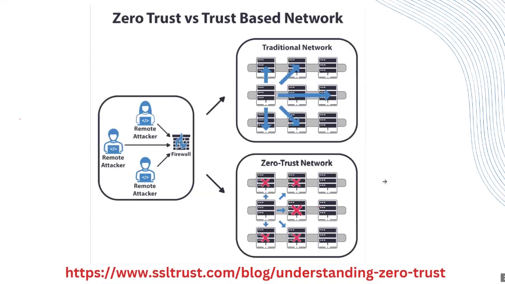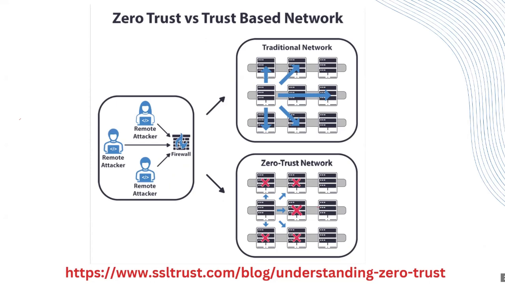So I touched on this, right? You have the traditional network and the zero trust. Traditional network, everything inside the LAN is trusted. Zero trust network, everything inside the LAN is not trusted by default. And also everything that is coming from the internet to our LAN is also not trusted.